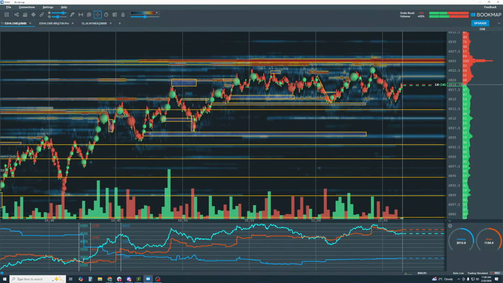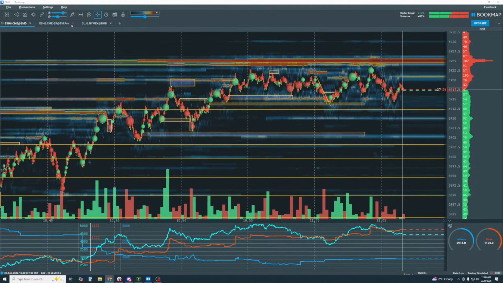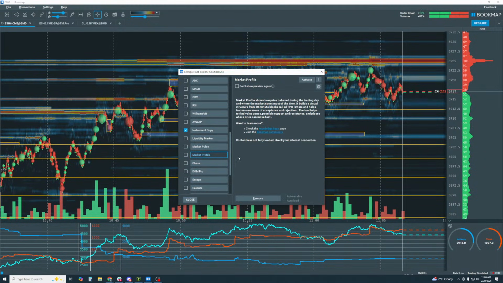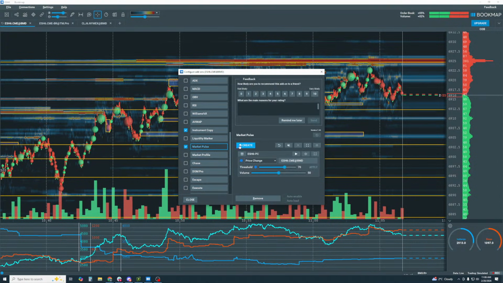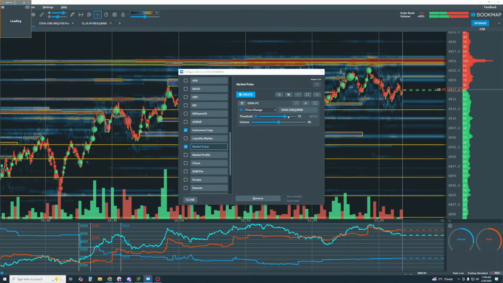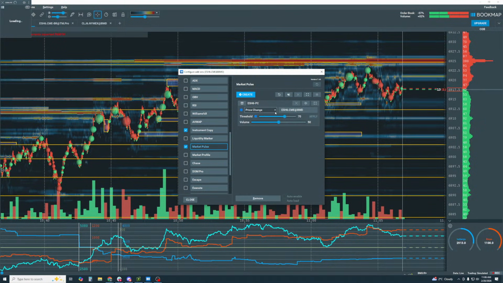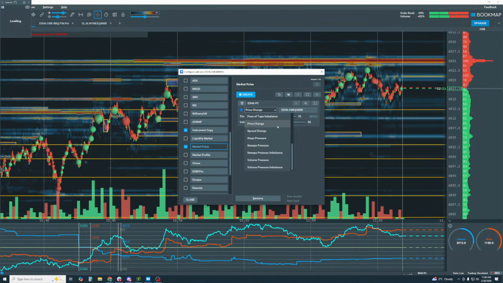All right, and then there was a request for the market pulse still, so I'm sorry about that. Let me put that on. I haven't looked at this in quite a while. Here's the price change here. I'm going to use the default settings here.